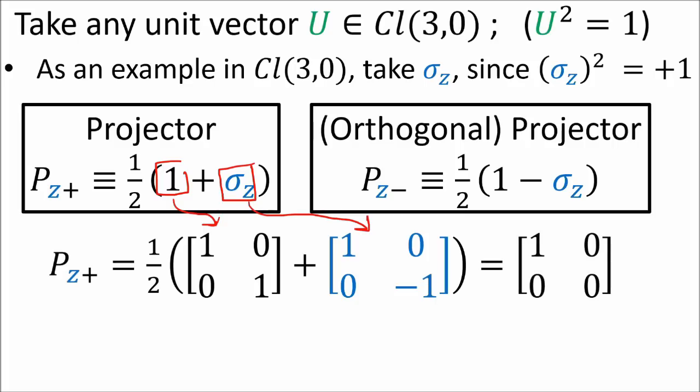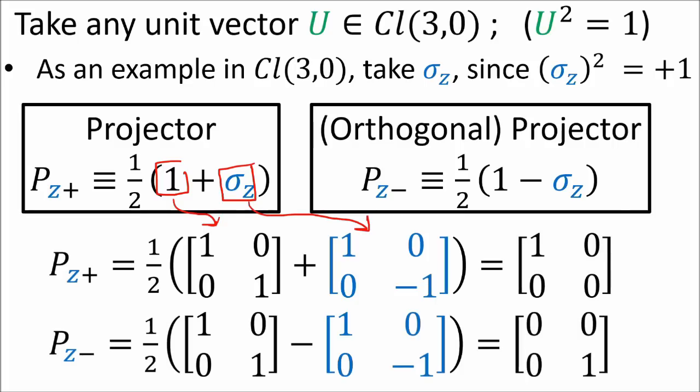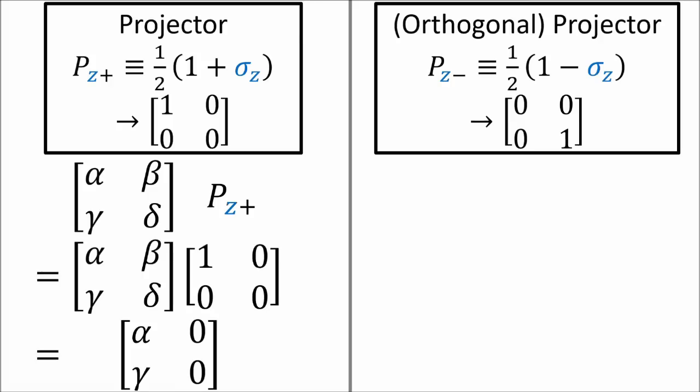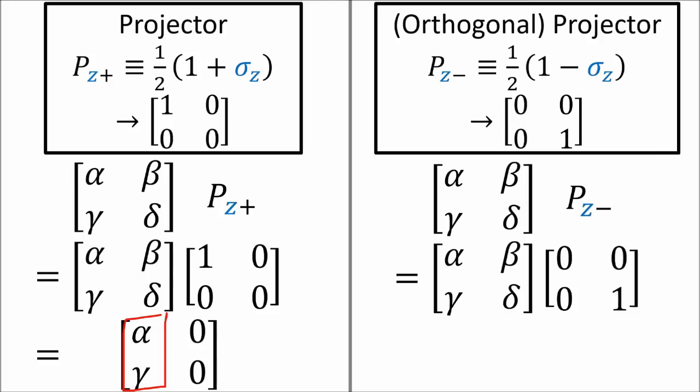This gives us these two projection matrices for pz+ and pz-. Let's take these projectors and apply an arbitrary 2x2 matrix to them from the left. We see that pz+ has the effect of projecting out the first column and setting the other entries to 0. Likewise, pz- has the effect of projecting out the second column and setting the other entries to 0.